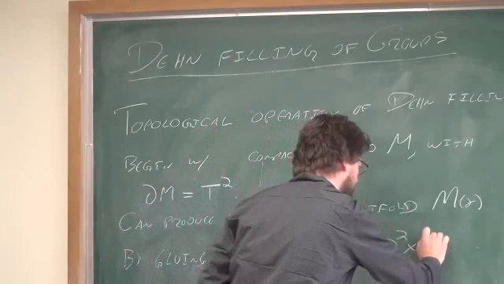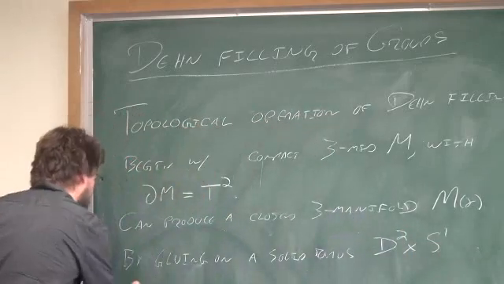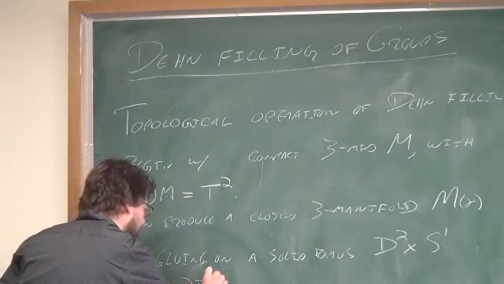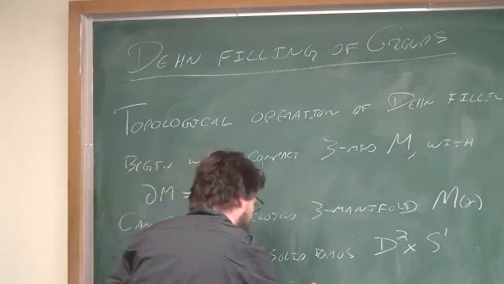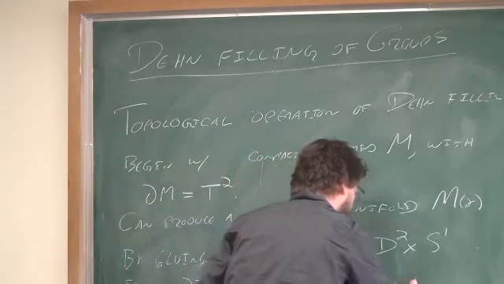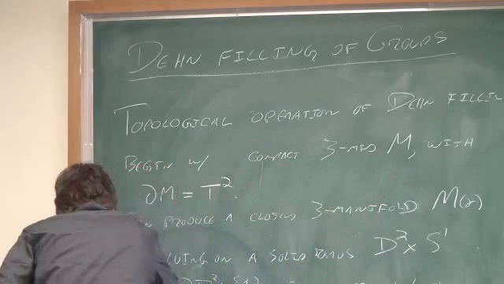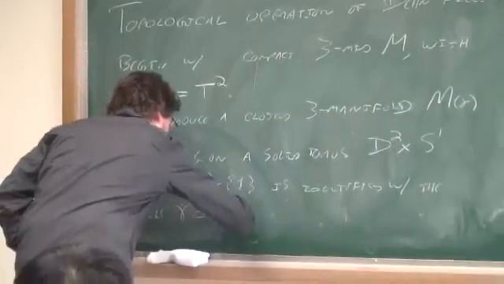What's a solid torus look like? It's a 2 disk times a circle, so that the curve boundary of the 2 disk across a point, say 1, is identified with the circle gamma in the boundary of M.